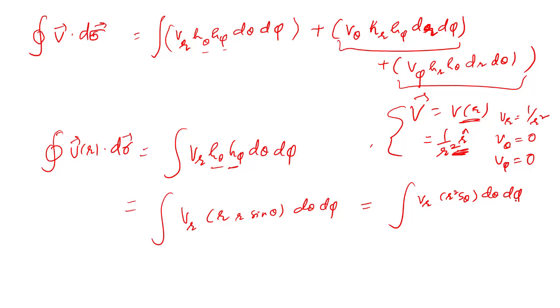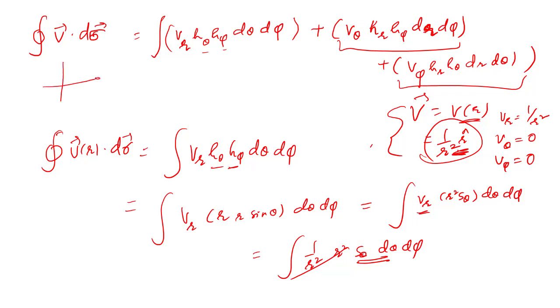So if I want to integrate something like this, 1 over r squared, let's see what would happen. I know the VR component is 1 over r squared. So if I plug that in, I would have 1 over r squared times r squared sine theta d theta d phi. So if I integrate them out, theta is the angle with respect to the z axis.